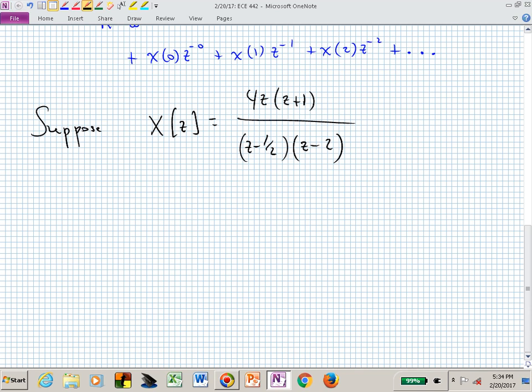If we need to, we might assume a causal time domain waveform, little x of n, defined for indices n that are non-negative.